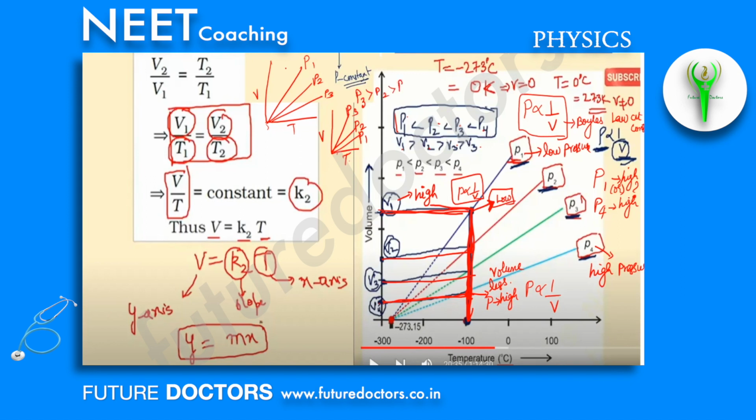You should know how to identify this: when the temperature is kept constant, volume is inversely proportional to pressure. Here volume is high, so pressure is low. So P3 is low, then P2, then P1.